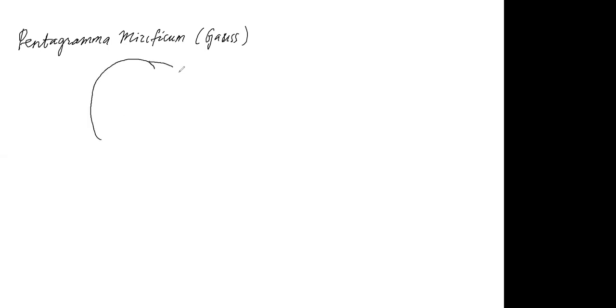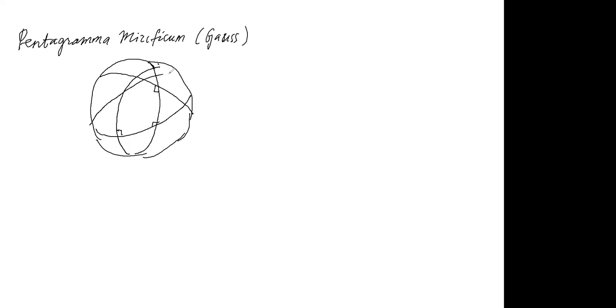Suppose you have a sphere. As you know, polygons on spheres can have more or less arbitrary angles. In particular, we can draw a pentagon on the sphere such that all the angles of this pentagon will be right angles. For instance, here we can assume this to be right, and so on. Right angle, and finally, right angle again. So we have a pentagram.